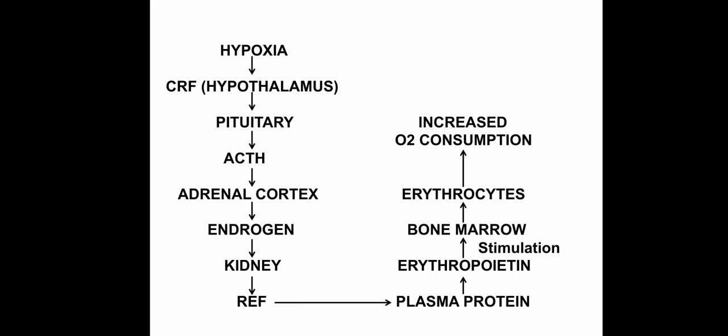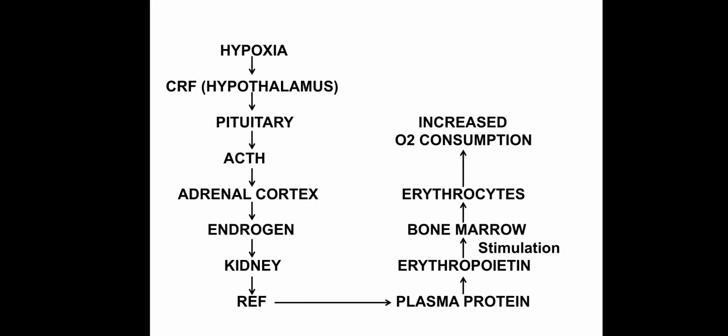From the adrenal cortex, androgen hormone is released. That androgen hormone acts on the kidney. The kidney releases the renal erythropoietic factor, which acts on the plasma protein, and from that it produces erythropoietin.